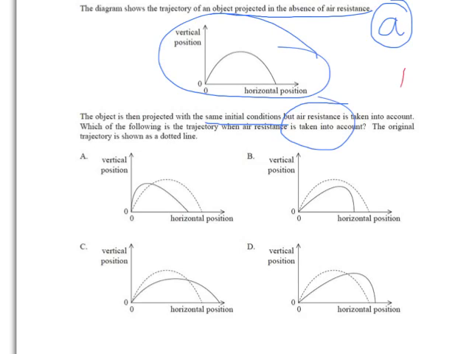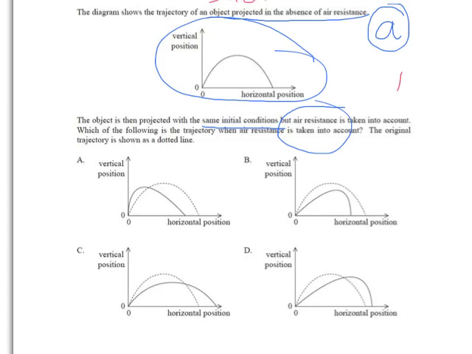Vertically, the object would be moving up, and not only would you have the weight of the object pulling it down, but you would also have air resistance countering motion. So you would have a deceleration greater than 9.81, and it wouldn't go up so high for a start.